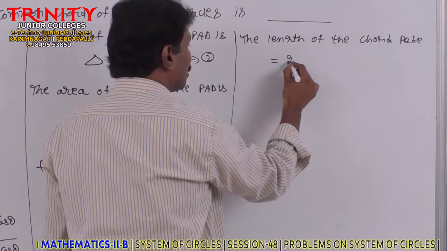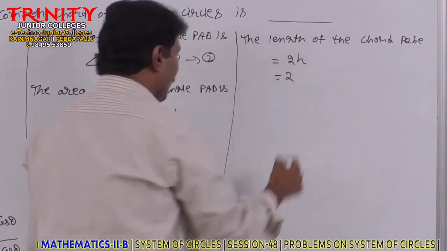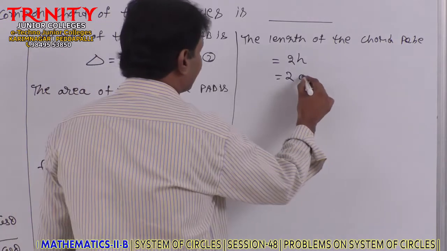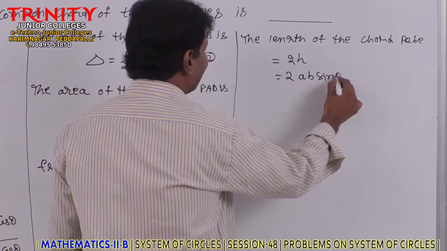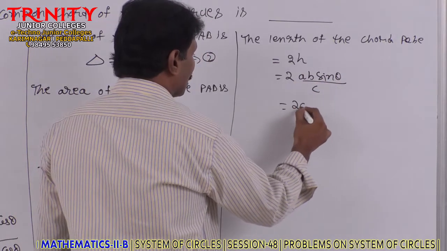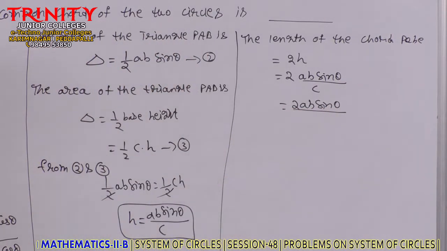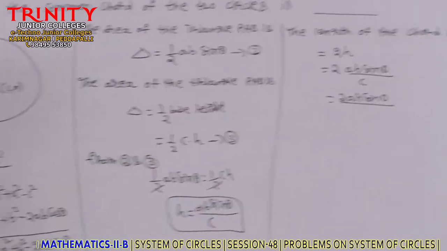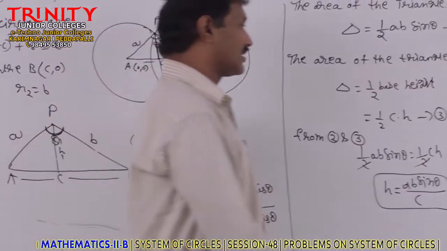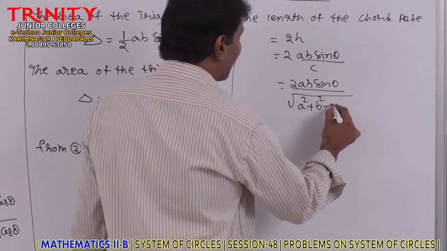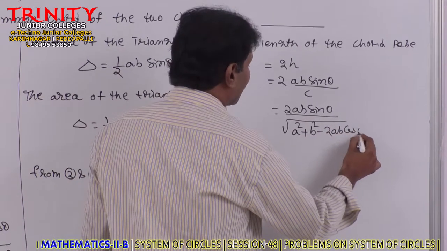PQ equals 2 into H, where the value of H is AB sin theta divided by C. So 2AB sin theta, and the value of C is already known, the root of A square plus B square minus 2AB cos theta.